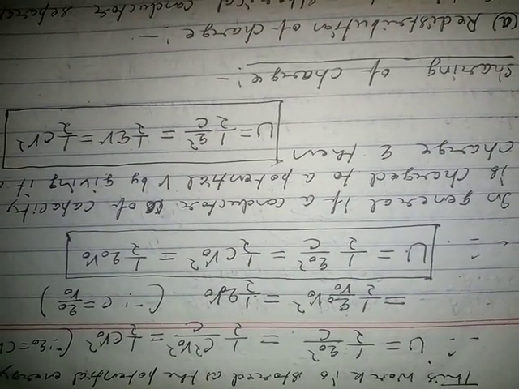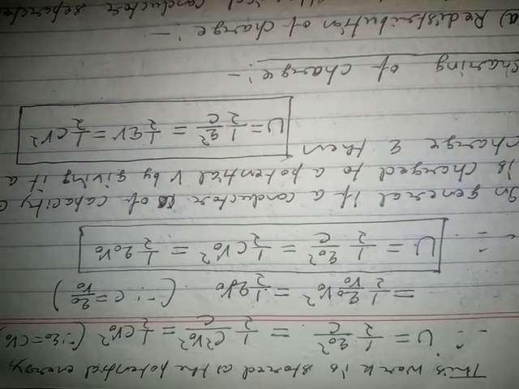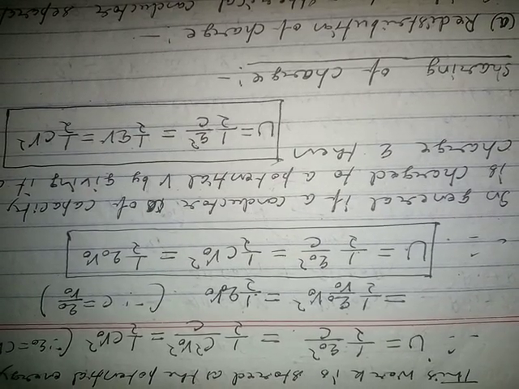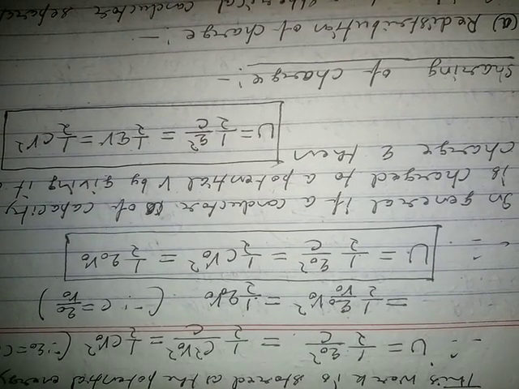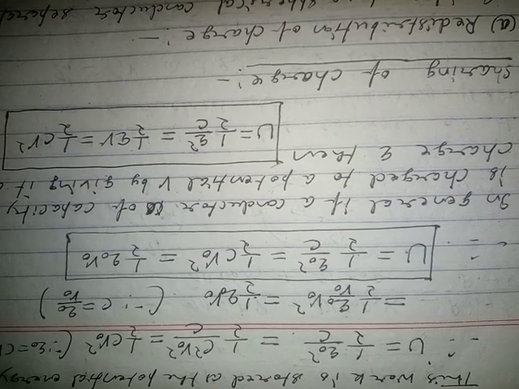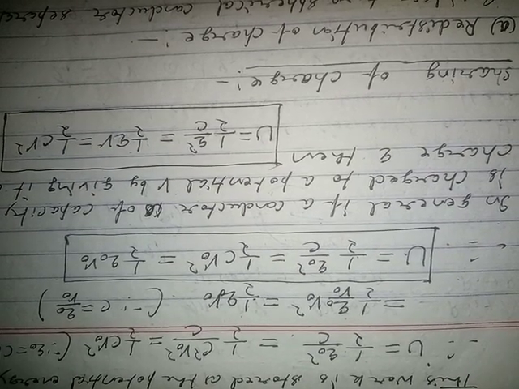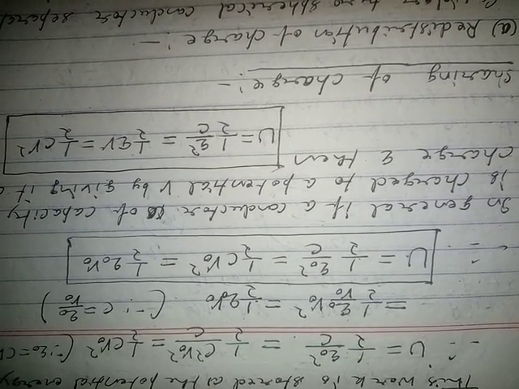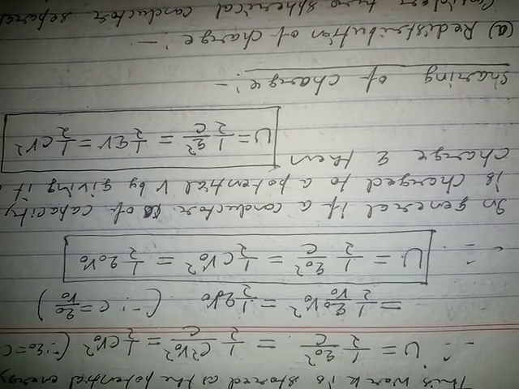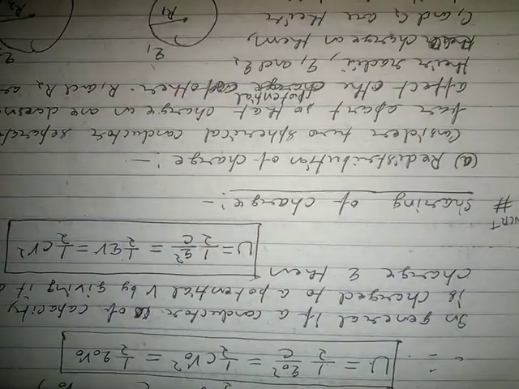So finally we have three formulas for potential energy given by U equals 1 by 2 Q0 square by C, or U equals 1 by 2 C V0 square, or U equals 1 by 2 Q0 V0.